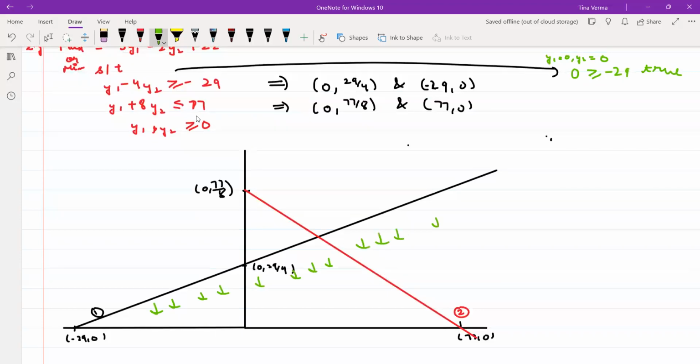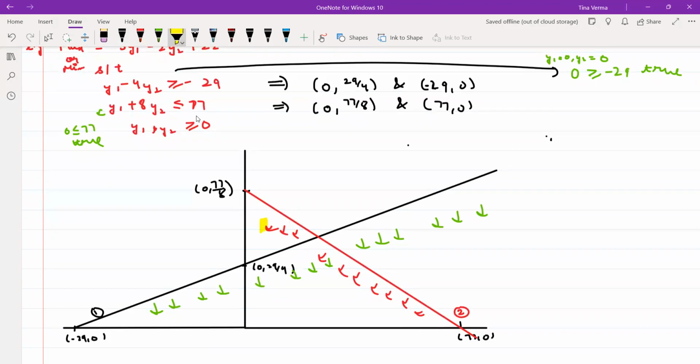Now you can see clearly from here कि जैसे ही मैंने अपनी inequality sign change कर दिया, the region is getting changed. The same, if I substitute 0, 0 over here, 0 is less than 77, which is true, right? So this line will come towards the origin. Now you can see clearly from here.